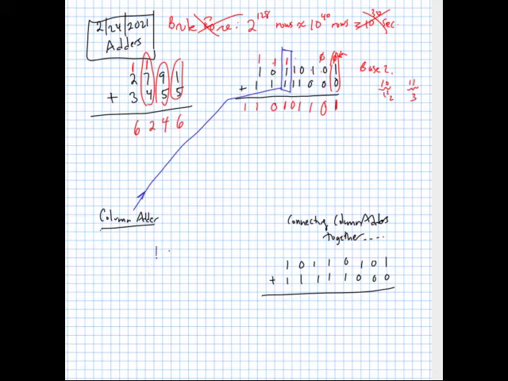The column adder, if you look at how many inputs it's going to have, it's got a digit from number A. It's got a digit from number B. Those are these ones here and here.